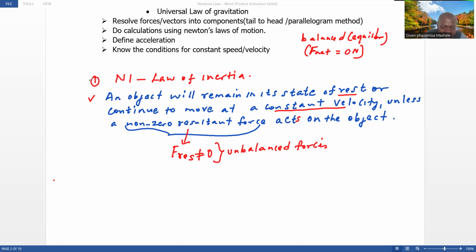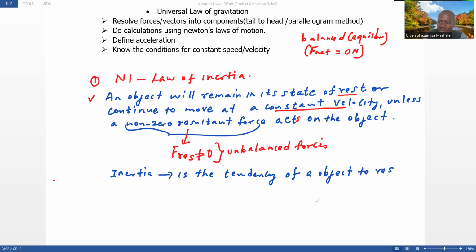And again, why do we call this the law of inertia? Inertia is the tendency of an object to resist a change in its state of motion.